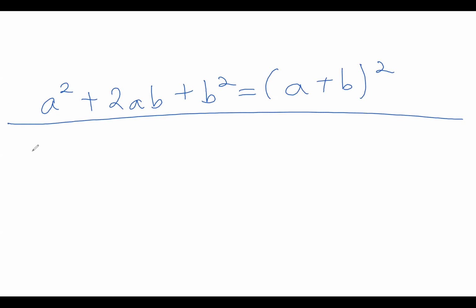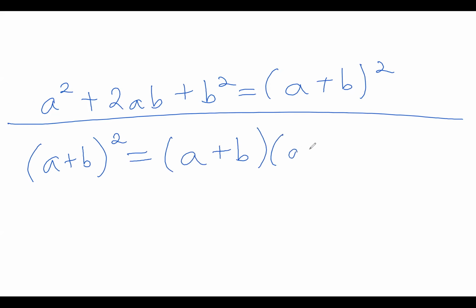Let's say we're starting off with a plus b squared. This is something that we've seen before. So a plus b squared, you can just write it twice, a plus b times a plus b. Then you can FOIL, meaning you can distribute first, outside, inside, last.